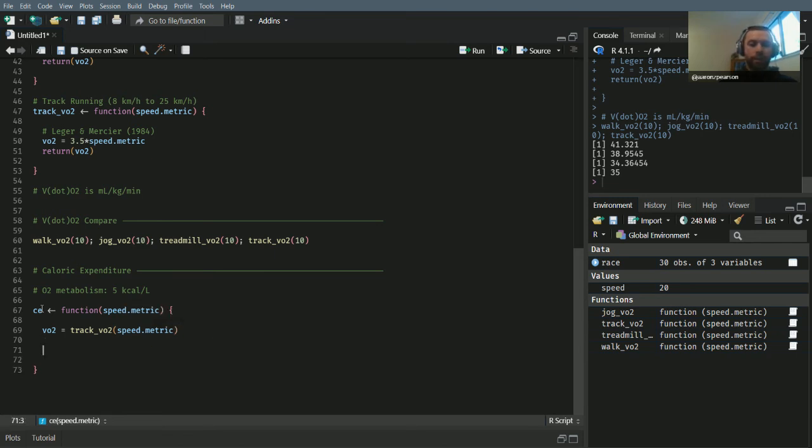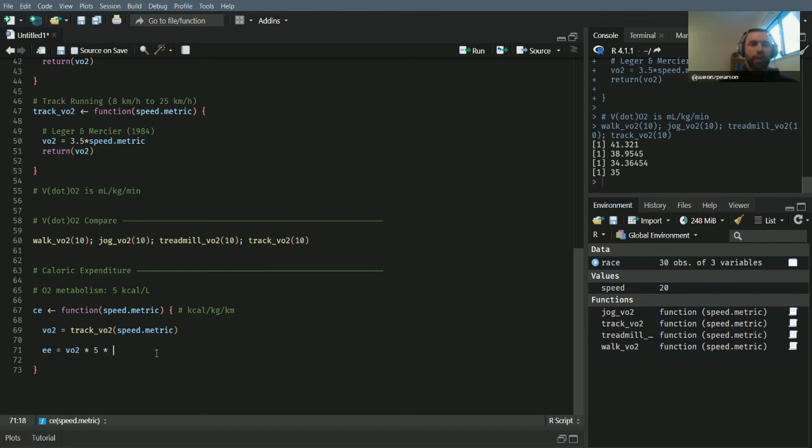And then we'll call it energy expenditure, just so we don't use CE again, in case it overwrites for whatever reason. It is going to be our VO2 value multiplied by 5 kilocalories per liter of oxygen, times, and our final units are going to be kilocalories per kilogram per kilometer run.